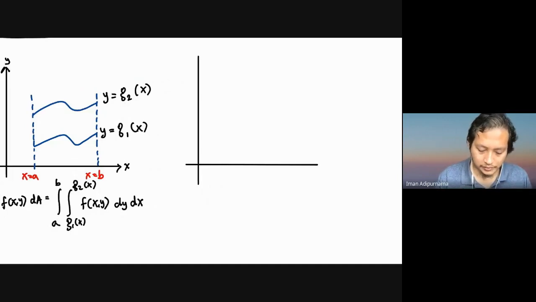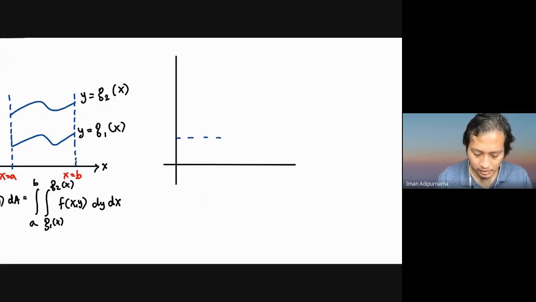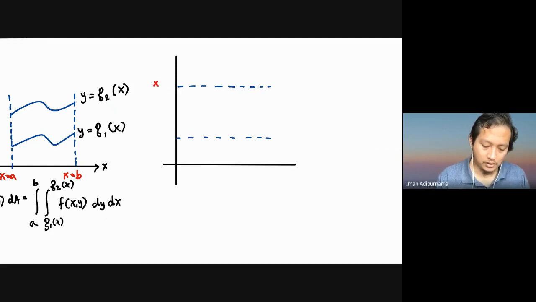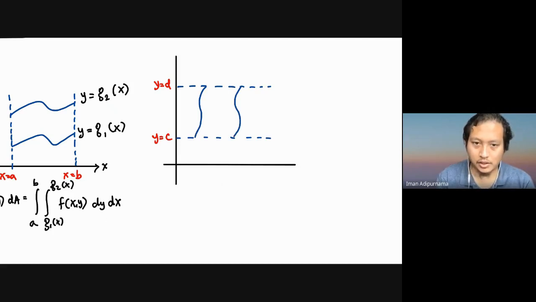So we will have, let me draw maybe here, these two boundaries, which is the y, sorry, let's say it's C and D. And then you have, I'm just randomly drawing the curve there.